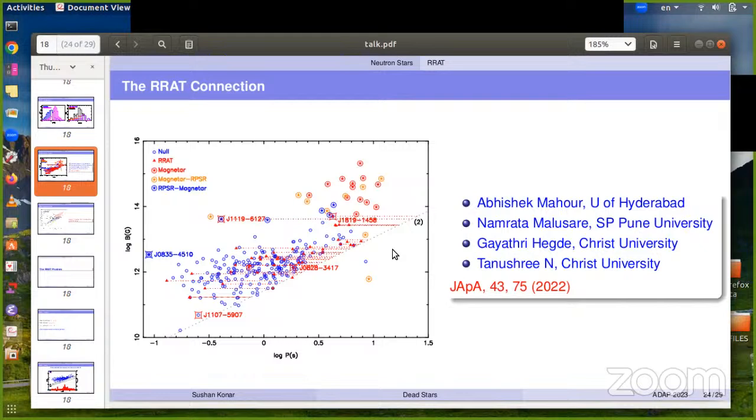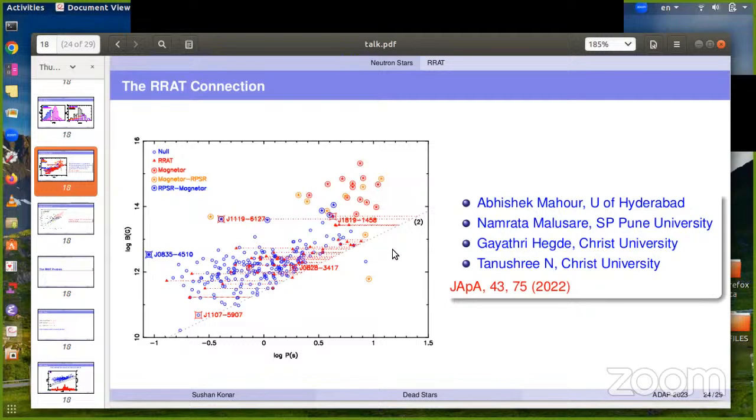So that is not the distinguishing feature at all. What is the distinguishing feature? First of all, observationally, we do not really see radio pulses from them. What we see are sporadic X-ray bursts from these objects. So that is observationally.